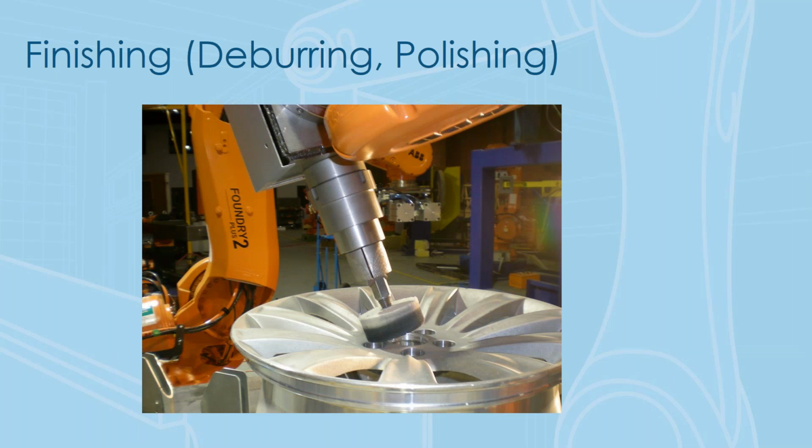Another application where articulated arms are well suited is what I call finishing applications. Finishing includes deburring, polishing, sanding, any of those types of end-of-line processes that need to be performed on a part, typically metal parts. The nature of articulated arms, with their reach and their versatility and being able to get into those nooks and crannies, really lends itself to these types of applications.